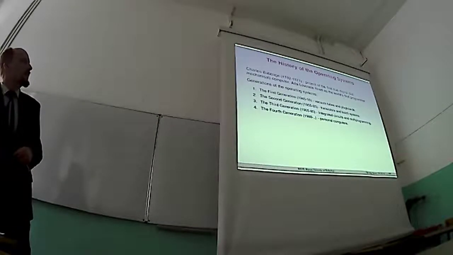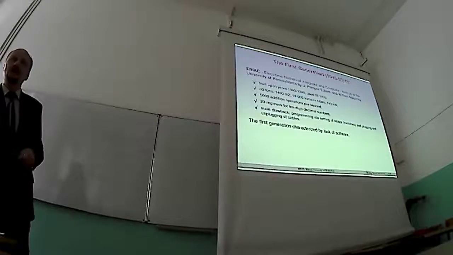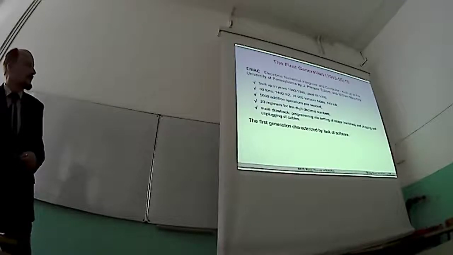And we talked about the history of operating systems. We mentioned Charles Babbage and Ada Lovelace. And we talked about four generations. The first generation was related to ENIAC and Mark I, two supercomputers. One is presented. It was heavy, tough, and it worked on decimal numbers.